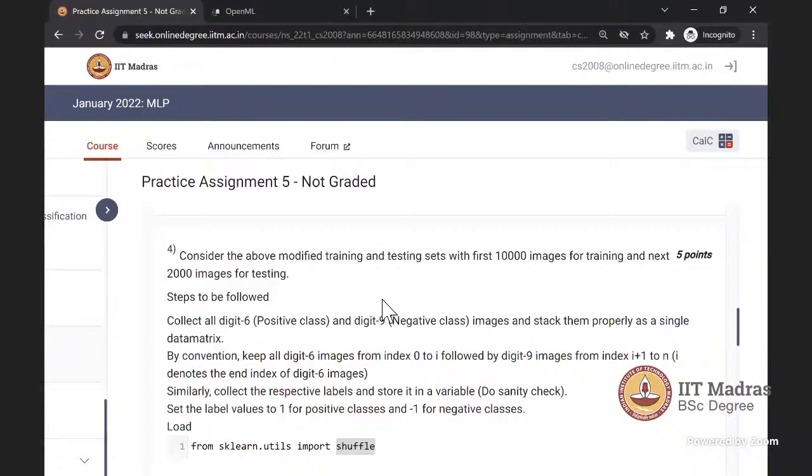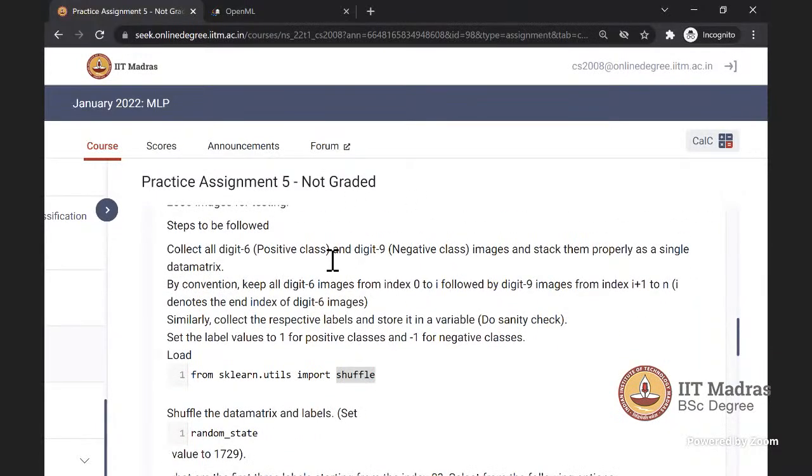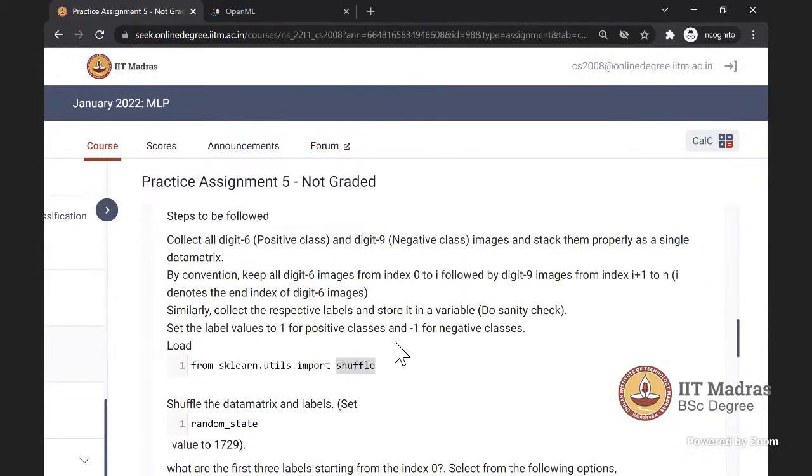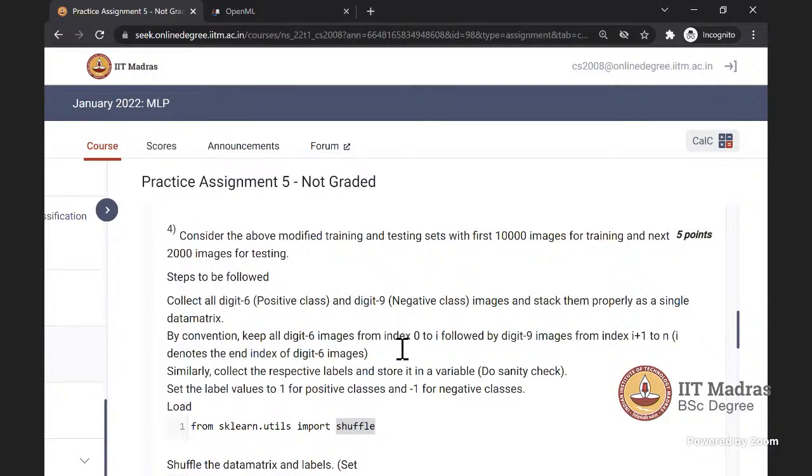But the next question asks for the weight vector, and I'm getting completely different numbers. For this particular assignment, if you just go with 6 and 9 labels, you are not going to get the correct answers. But the classification will be done with the same accuracy, right? Weight vectors might be different. Did you get the same accuracy?